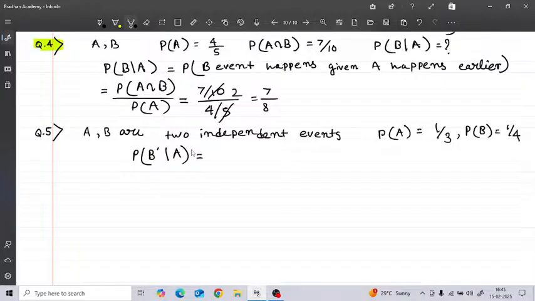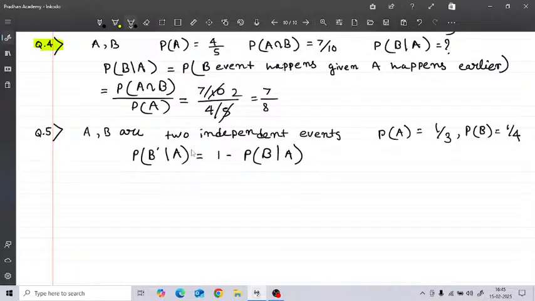What does it mean? Probability of the event B complement given that the A event occurs or happens first. Okay, so A happens, then find the probability of B complement. This is nothing but the complement of this event. What does it state? It states that A happened, then B complement happened. So what is the complement of this event? A happens but B complement did not happen. It means B happened.